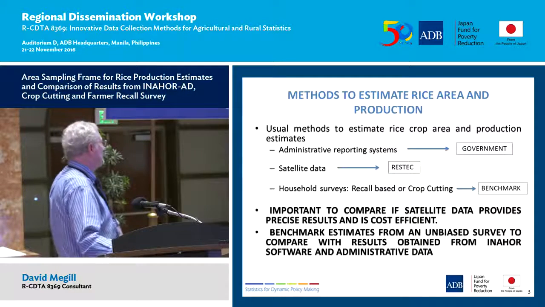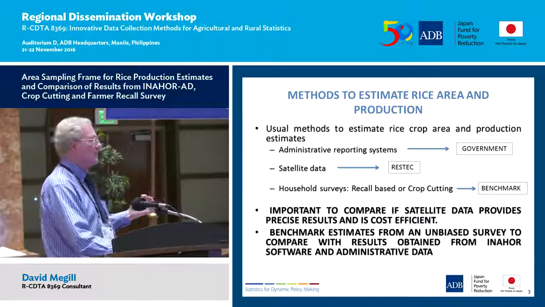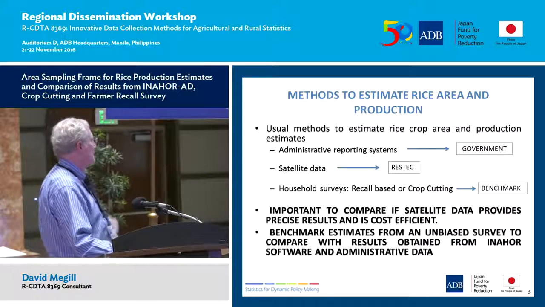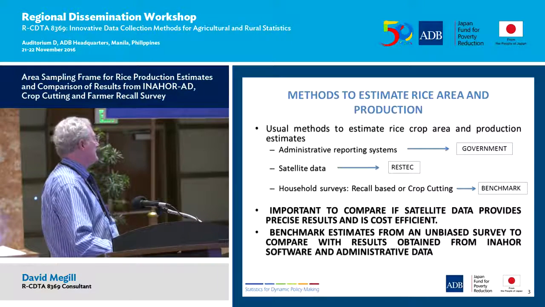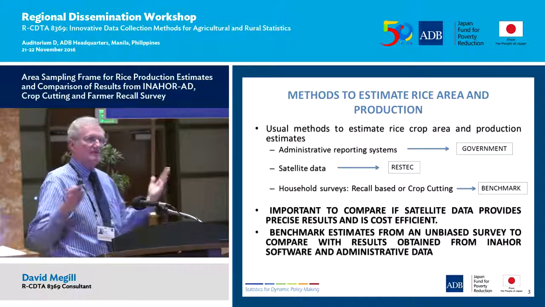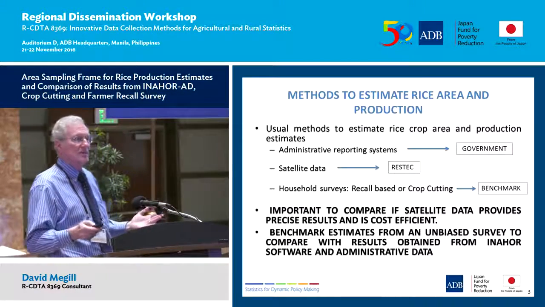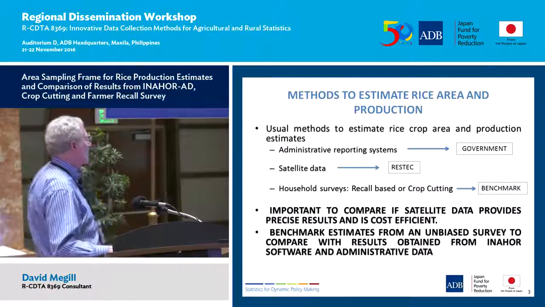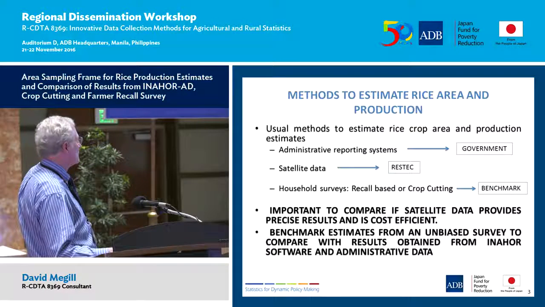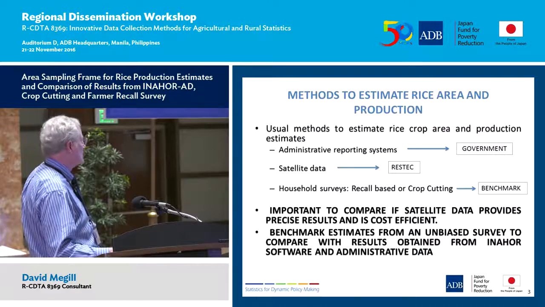And so the benchmark estimates from the crop cutting will help to determine if there's any bias. And of course, different methods have different sources of bias, so we have to compare these in relative terms in terms of evaluating the results from each source.